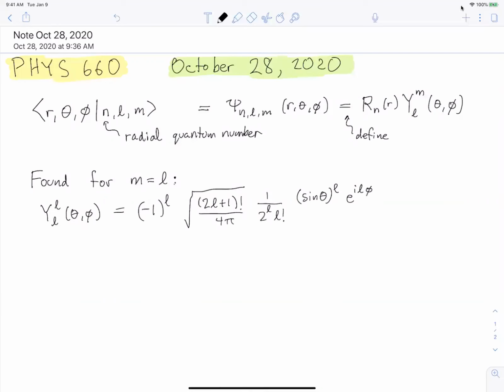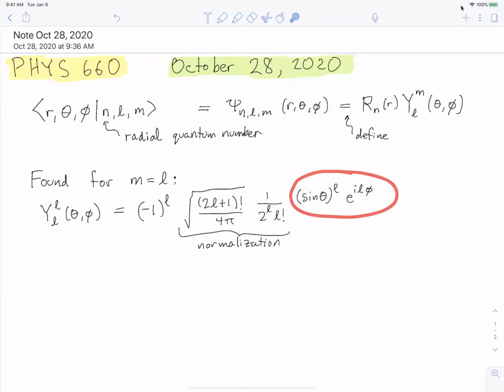Okay, so all of this is normalization factor. And really what we worked out last time by solving a differential equation is this dependence on theta and phi.